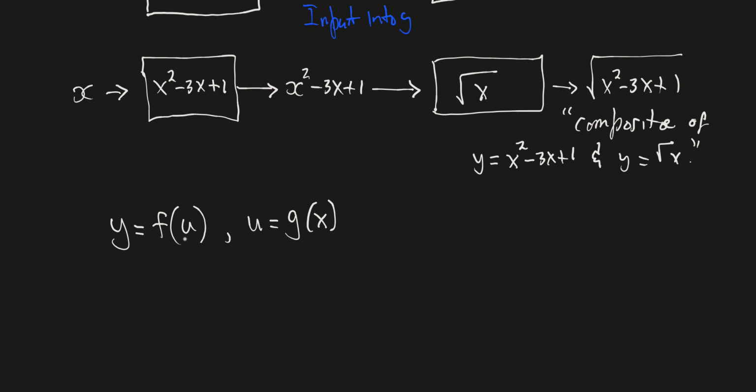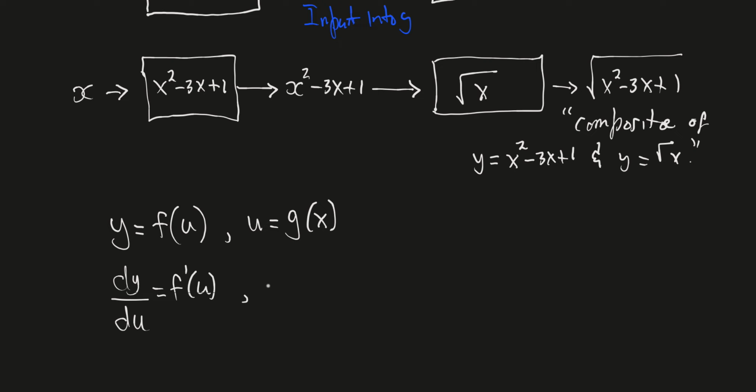Well, let's write down two equations. Let's say we took the derivative of y with respect to u. Let's use our d notation for this. The d notation is really helpful for seeing, at least intuitively, where this pattern comes from, right? So we have it like this. So this is f prime of u.